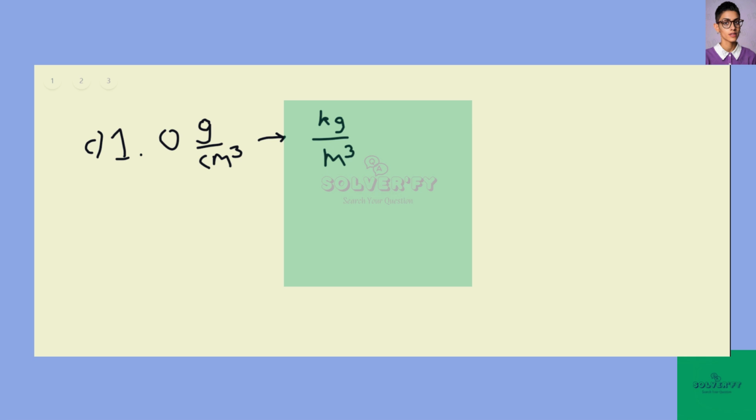One thing that we have to realize is that for every 1,000 grams, we have 1 kilogram. And for every 100 centimeters, we have 1 meter. This one's a little bit tricky because it's not asking for centimeters, but centimeters cubed. We'll show you how to deal with it.